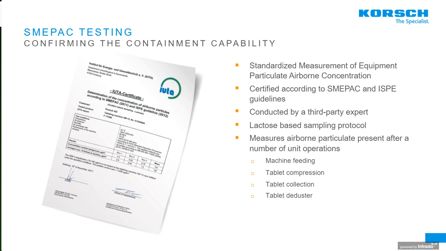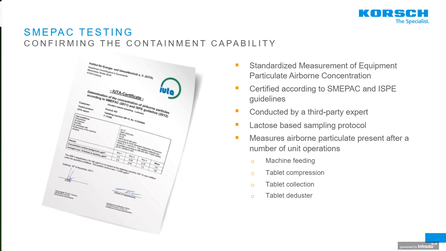So SMEPAC means standardized measurement of equipment particulate airborne concentration. So essentially, in layman's terms, we're verifying the containment capability of the system by conducting a test which is certified according to SMEPAC and ISPE guidelines. SMEPAC testing is generally conducted by a third party where they bring in a series of sensors that are placed in key positions around the press. We use lactose as a surrogate.